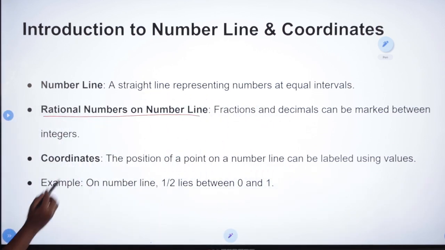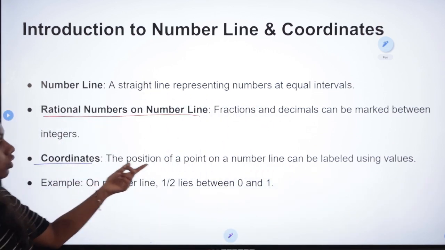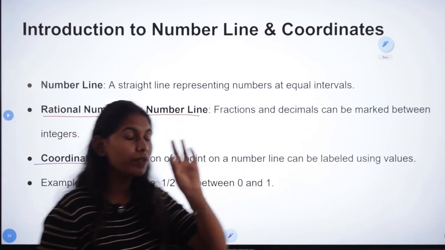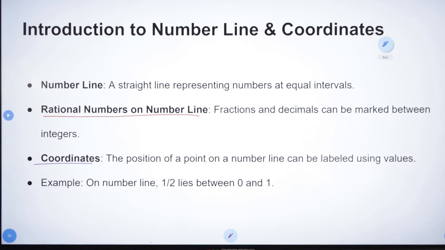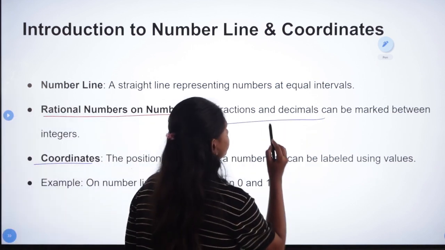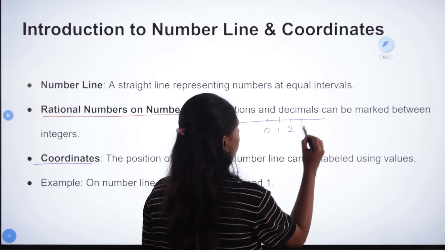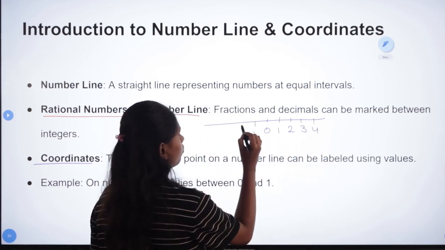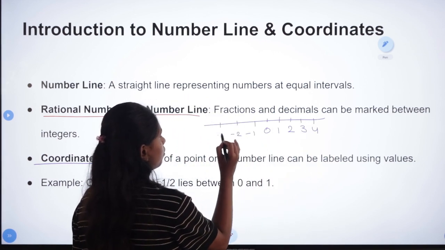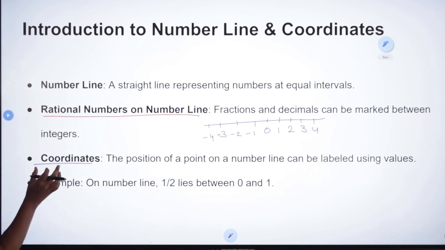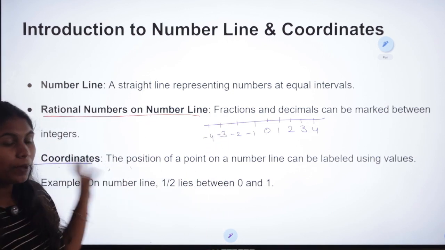Next, coordinate. The position of a point on a number line that can be labeled using values. Suppose 0, 1, 2, 3, 4, and the same -1, -2, -3, -4. Now what is meant by coordinates?